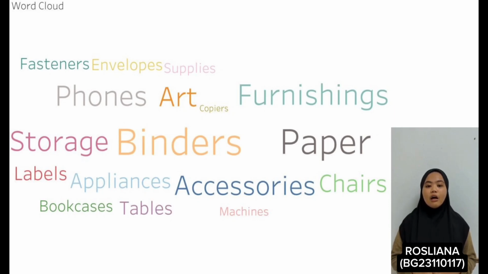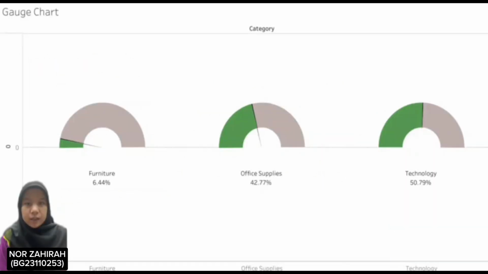The quantity of copiers are 234. The median data for this chart is appliance, and the quantity for appliance are 1,729. I choose a word cloud chart to show data because it can be seen more clearly.